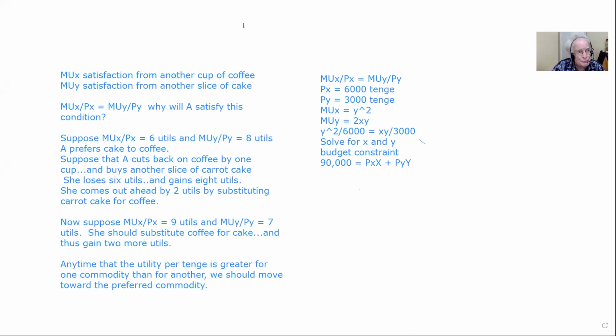So we began with this condition of equating marginal satisfaction per dollar spent on coffee and cake. And we found that on a stressed condition looks like this.